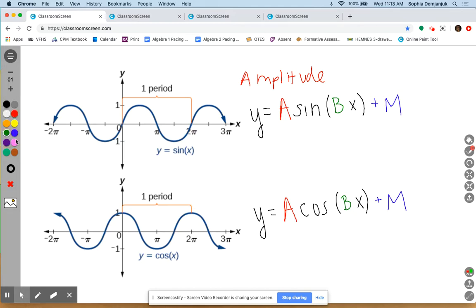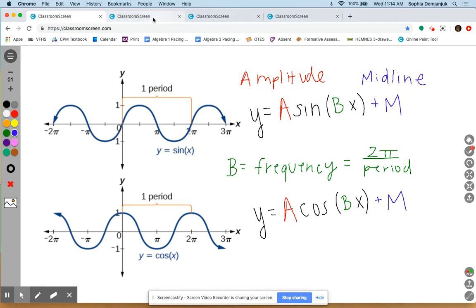And then you have b, where b is your frequency. And the way that we can find b is we do 2 pi divided by the period, and then plus m on the end, and m is your midline.